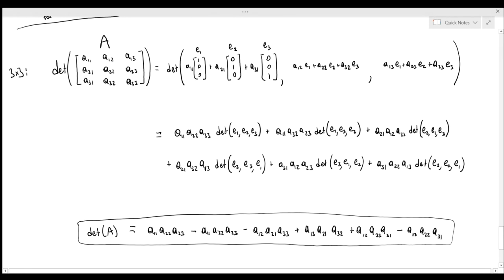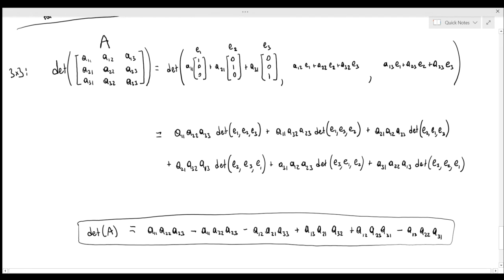Next, we do the same thing as before, where I try to FOIL, or distribute, all of this out. Now, when I'm distributing, say I take A11 E1 with A12 E1 with A13 E1. That first one is going to be equal to 0 because I have the vector E1 repeated more than once.